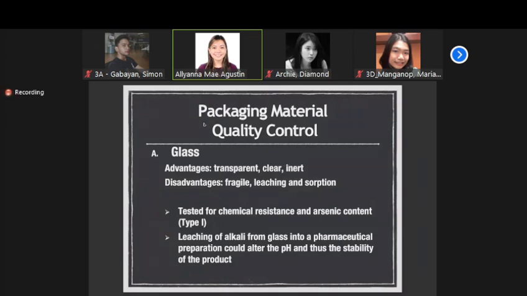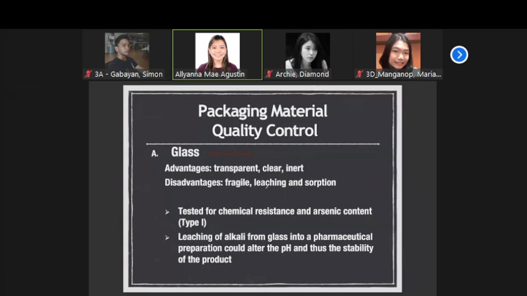However, your glass is made up of alkaline-treated silicates. Alkaline, so glass is somewhat basic. The alkaline property can cause leaching. What do we mean by leaching?